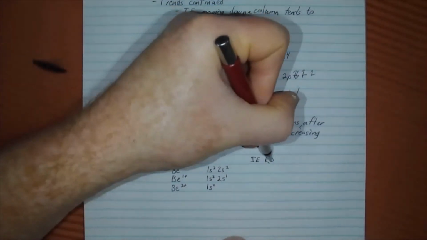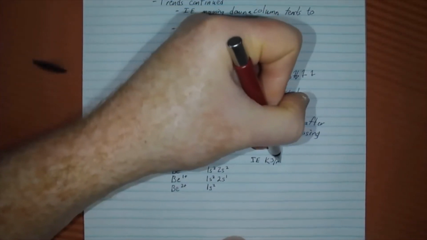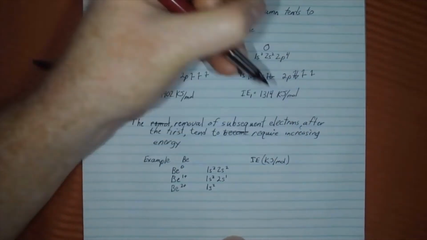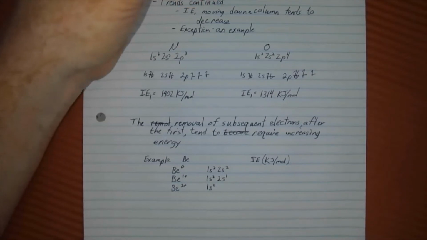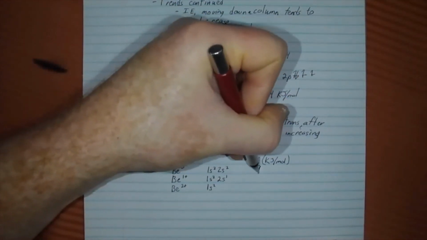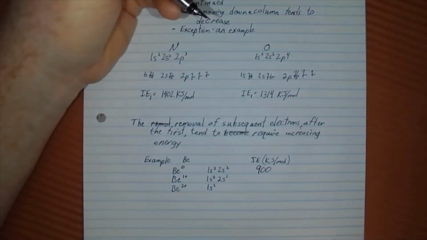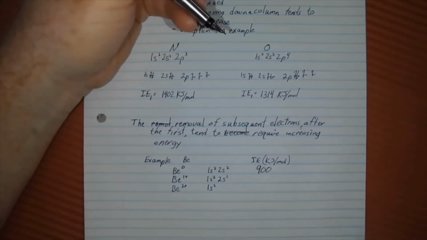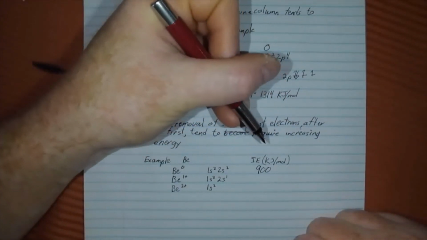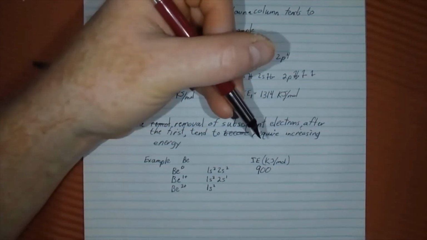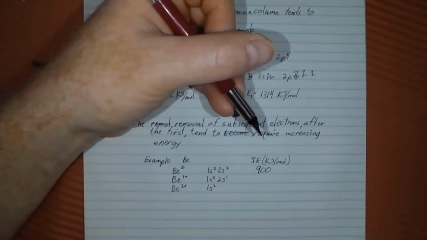Let's look at the ionization energy, in kilojoules per mole. The first ionization, remember that first, it's like, hey, 900. Then you try to get beryllium's second electron off, but it's like, you know what? I don't know if that was a good deal. I'm going to make you work for it. I've got more reason to hold on to this next one. You've taken one away, so I've got more positives.